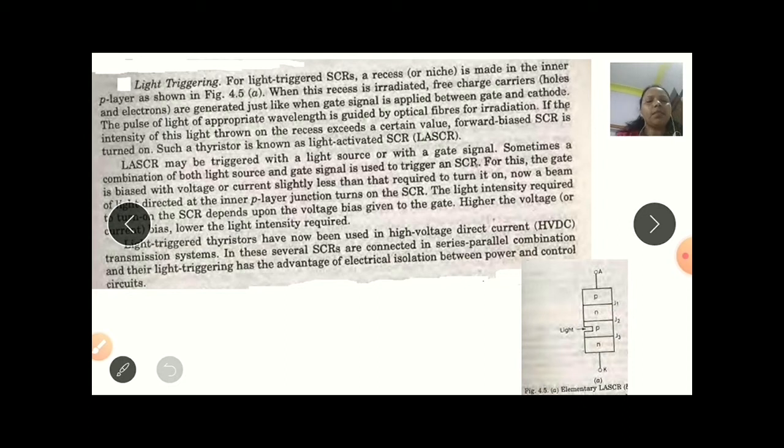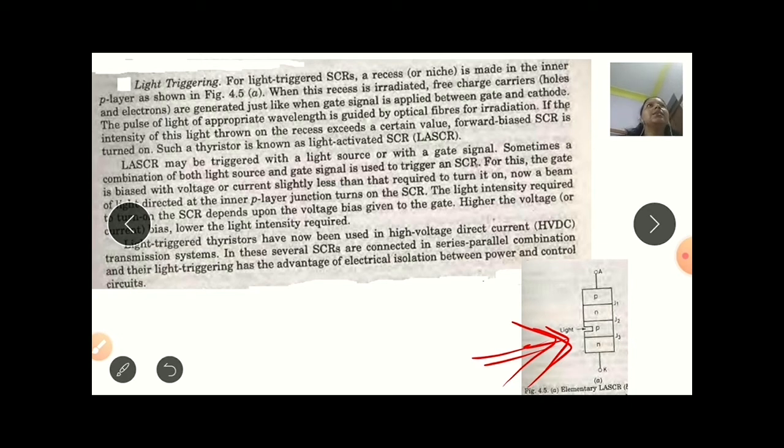So if we apply light intensity at the inner P layer, it requires a lesser magnitude of gate current. This is called the recess or niche, and here the light beam is irradiated, with some particular wavelength or intensity.